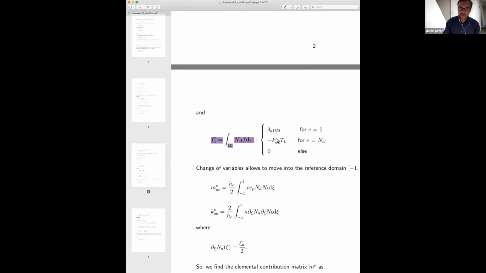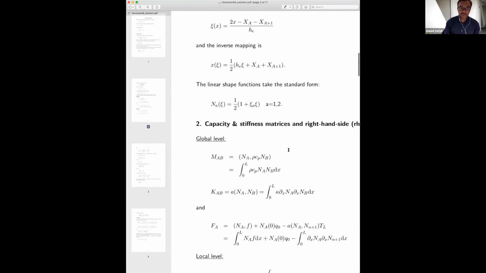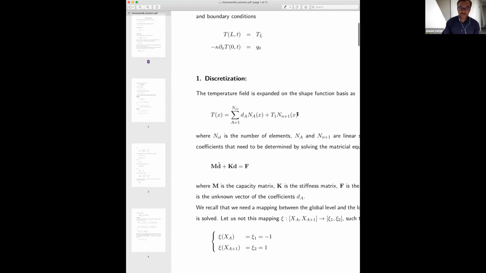But adding it on this point here is because of the way we make this expansion. It's specific to the boundary condition and specific to the way we expand the function, for which global element you need to have which local contribution.